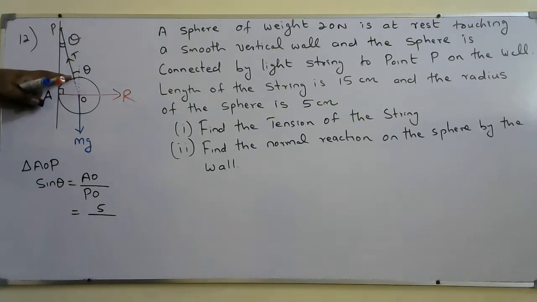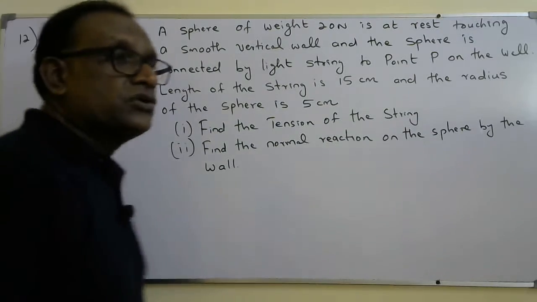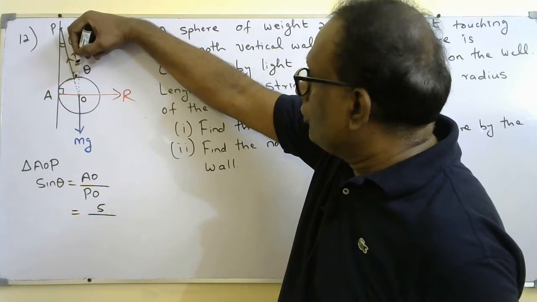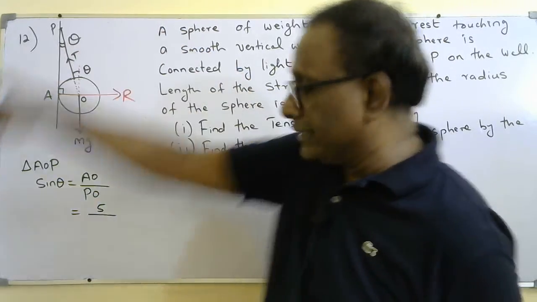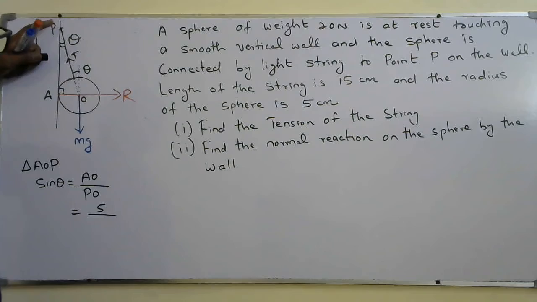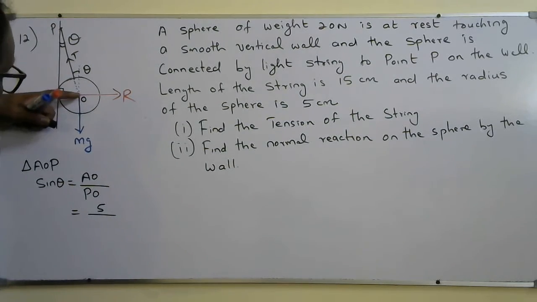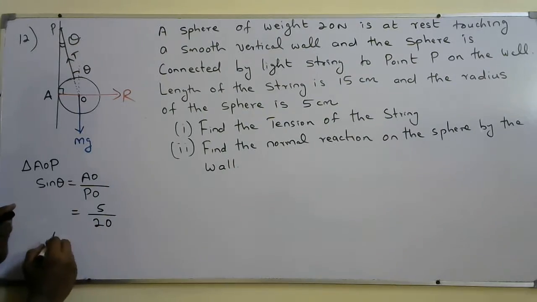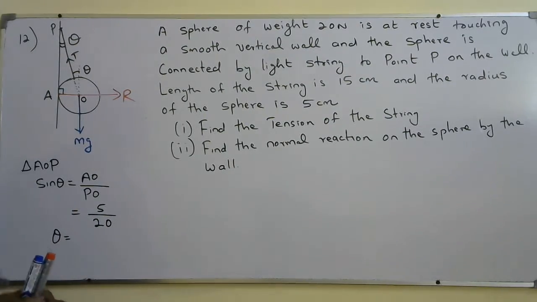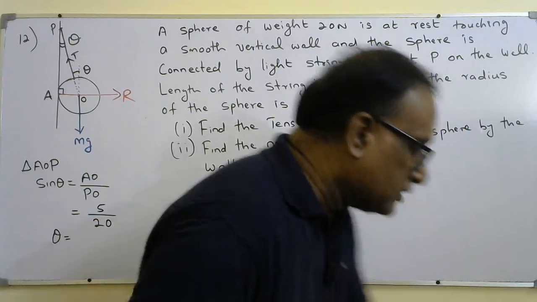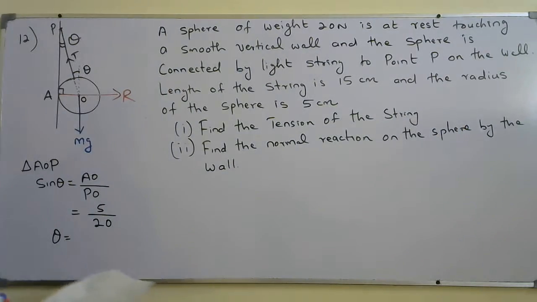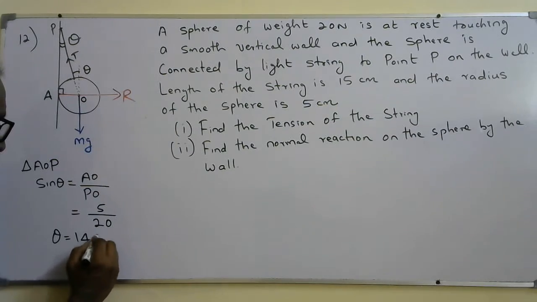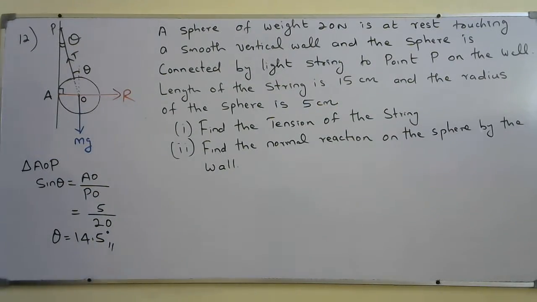The string is attached to the surface of the sphere, so the length of the string from P to the surface is 15 centimeter, and from the surface to the center is 5 centimeter. So PO is 15 plus 5, 20. So sine theta is 0.25, and theta will be equal to 14.5 degree. So I found the angle theta.